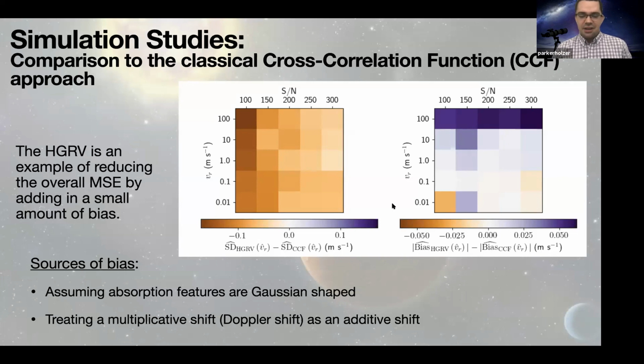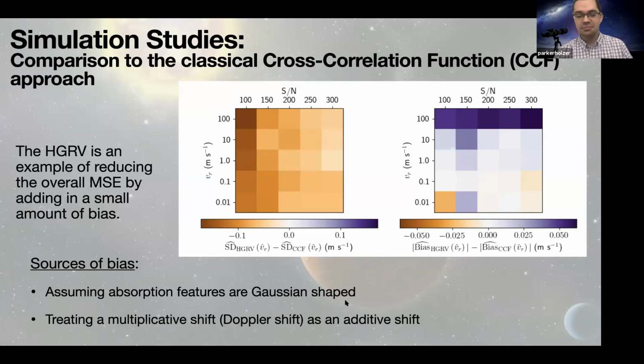And where is this bias coming from? Well, at least two of the possible sources of this bias would be the assumption that the absorption features are Gaussian shaped. I mentioned how that's never really exactly true, and that might have something to do with some of the bias that's in there.